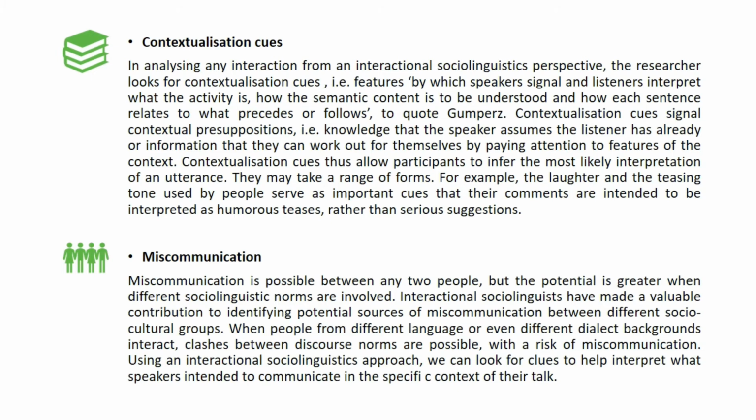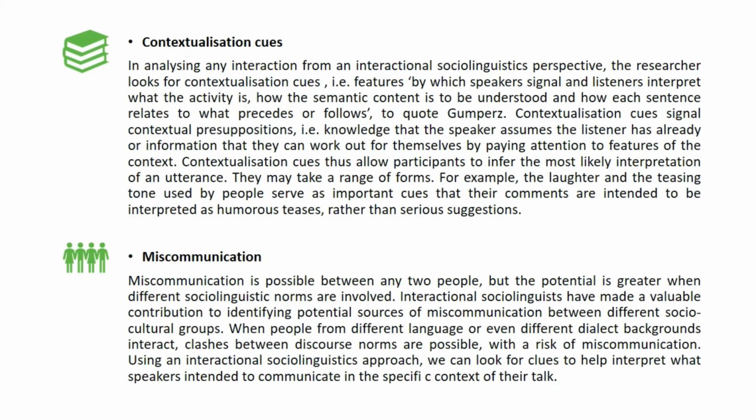Miscommunication. Miscommunication is possible between any two people, but the potential is greater when different sociolinguistic norms are involved. Interactional sociolinguists have made a valuable contribution to identifying potential sources of miscommunication between different sociocultural groups.